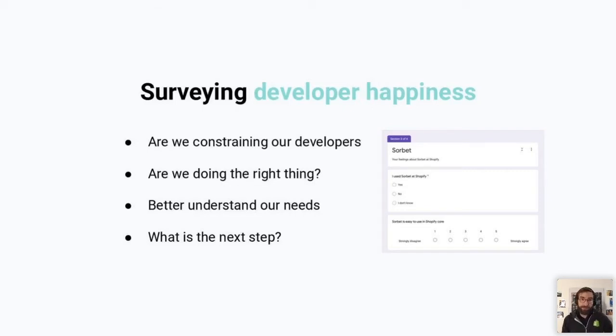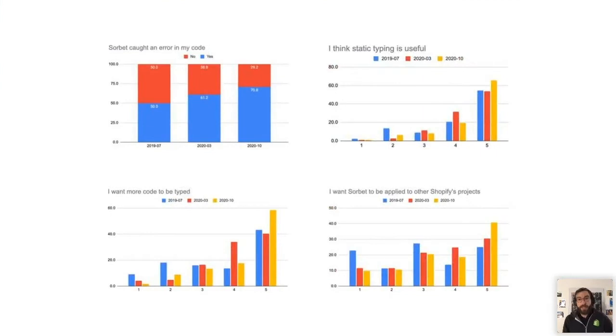Some interesting insights: as we increase typing coverage in our codebase, in our monolith, people get more and more caught by Sorbet with a type checking error in their code. Up to 70% right now of the people answering the survey, about 100% every time, say that Sorbet found an error in their code.